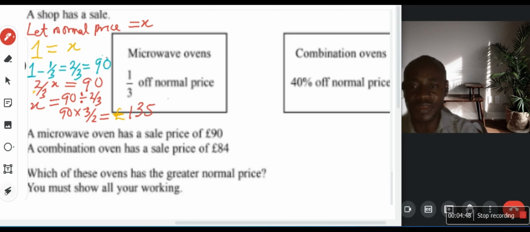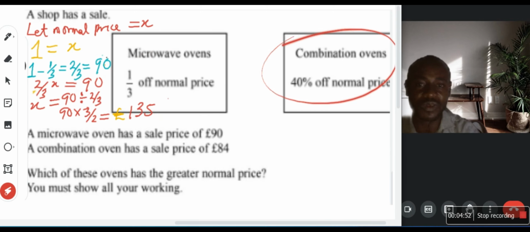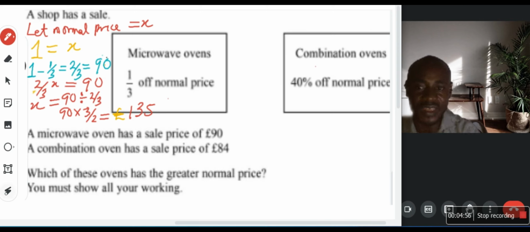So we do the same thing for the combination oven. For the combination oven, we're told that 40% is taken off, and the price is now 84. The whole thing was 100%.